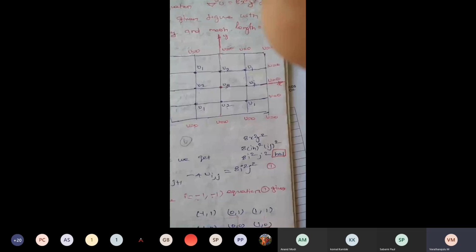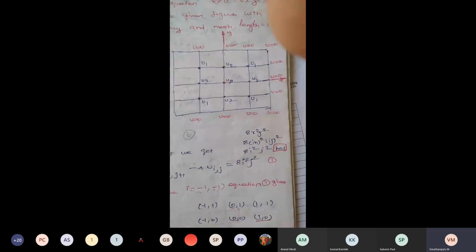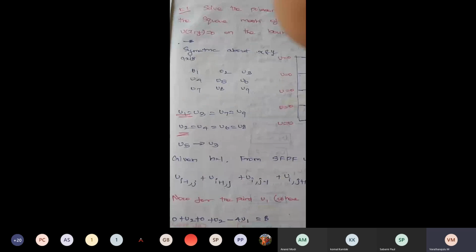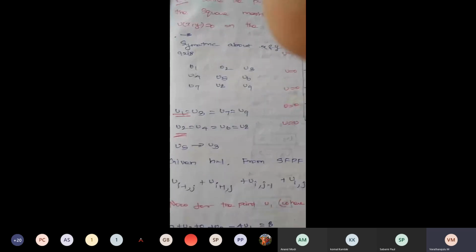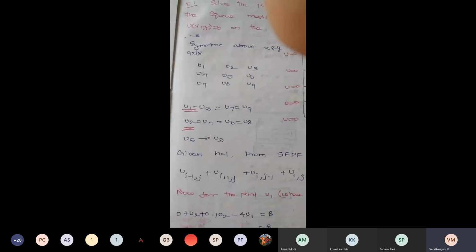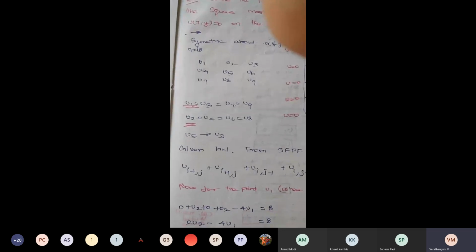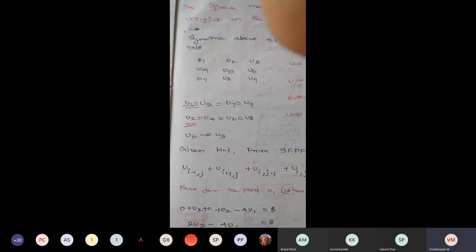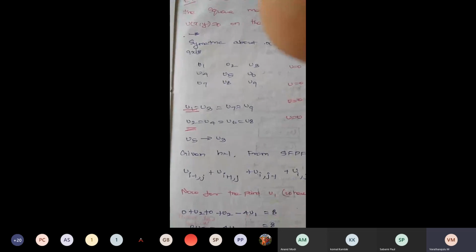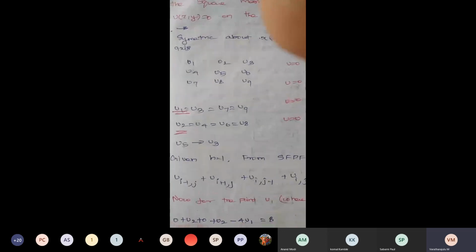This problem is symmetric about both the x and y axes. Therefore, instead of finding various u, it is enough to find only 3. That is u1 is equal to u3 is equal to u7 is equal to u9, and u2 is equal to u4 is equal to u6 is equal to u8, and u5 we can take as u5.